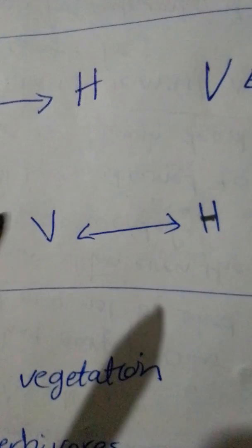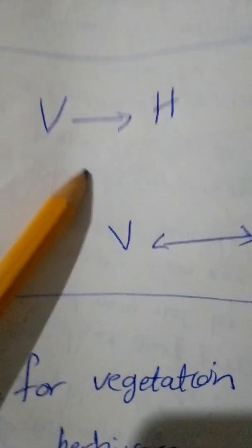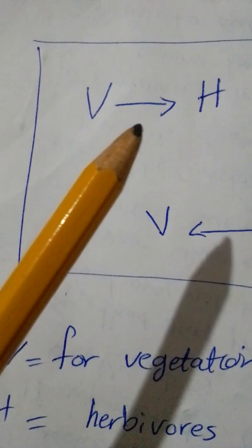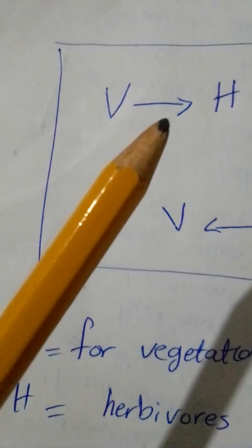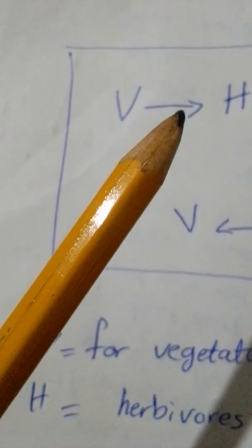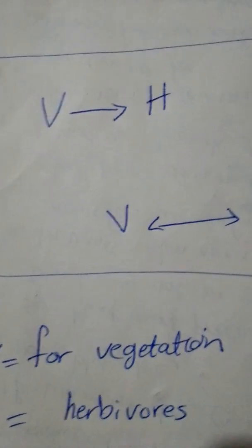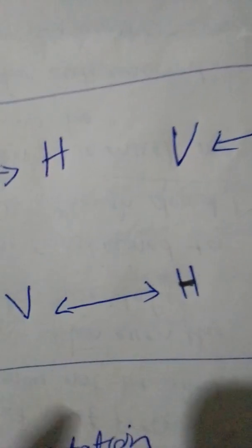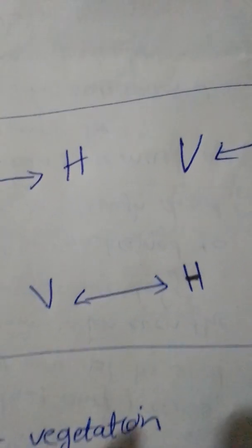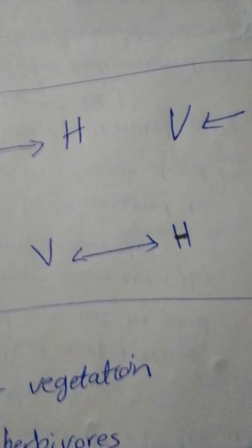V to H means that an increase in vegetation will increase the numbers or biomass of herbivores, but not vice versa. In this situation, herbivores are limited by vegetation, but vegetation is not limited by herbivory.